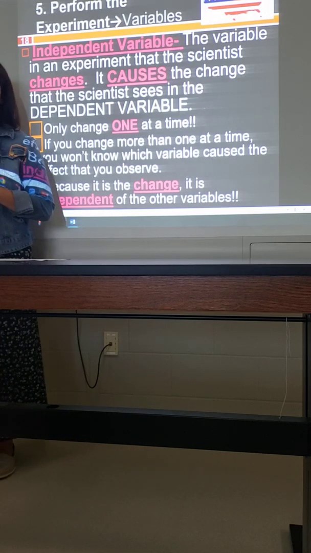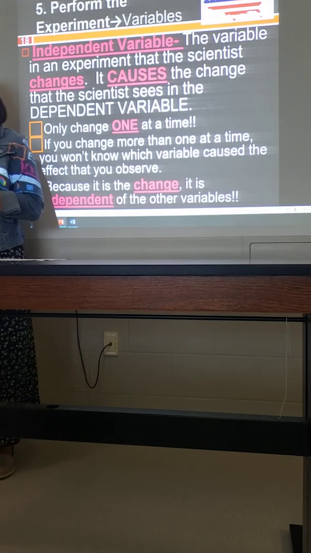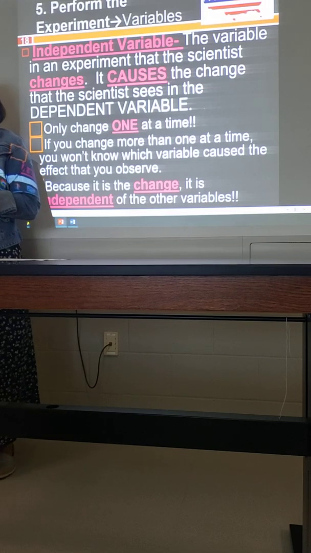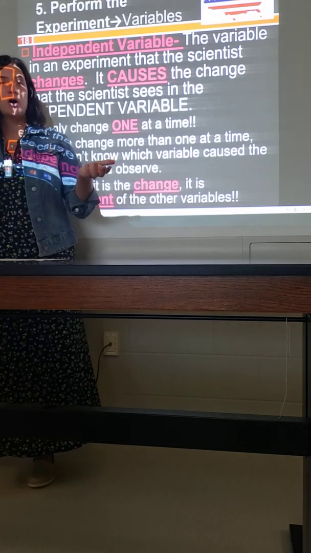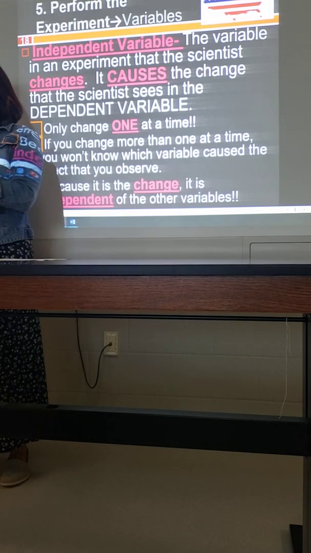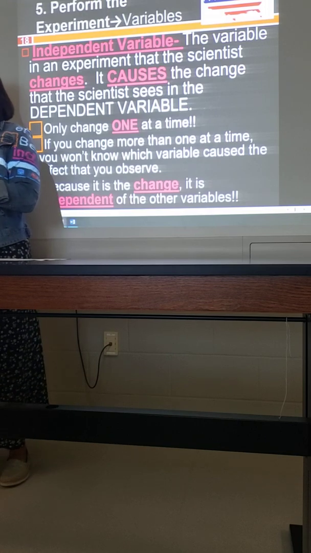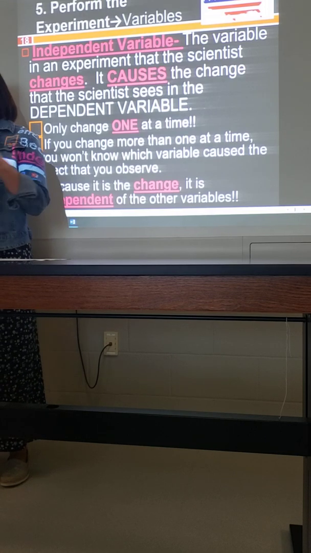Okay? Dependent. When you think of the word dependent, what do you think of? Relying on somebody else. You guys are all dependents on an adult to give you shelter, to give you food, to give you clothes, right? So you are dependent on them.